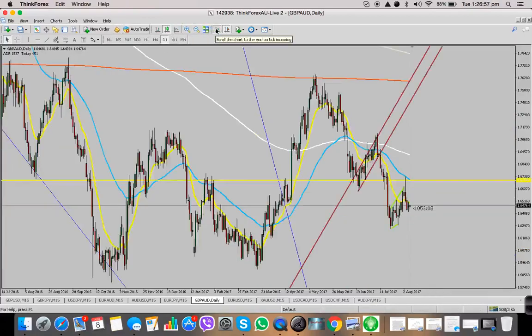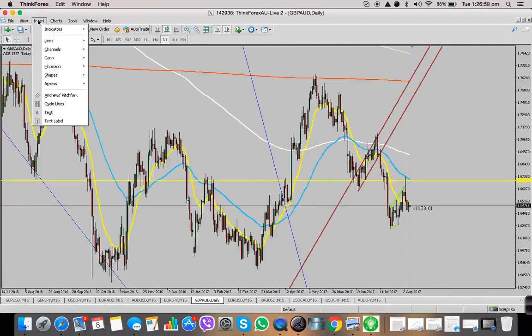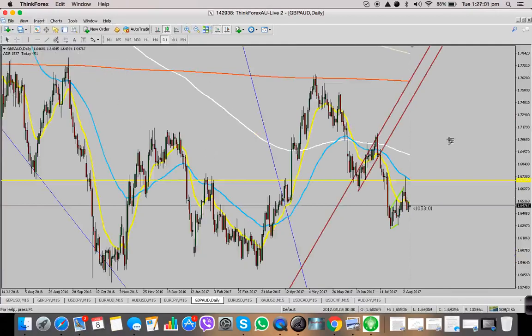And what you could do is use your fib expansion tool, okay? And we'll just expand out to this being the 100% mark there. Where is this price most likely going to go to? Our 1.618 line.